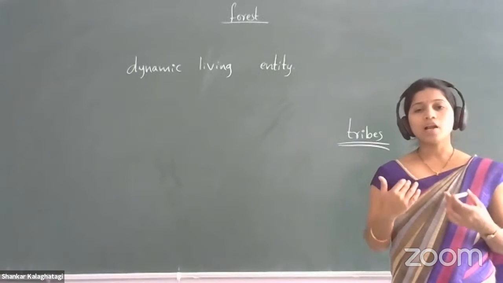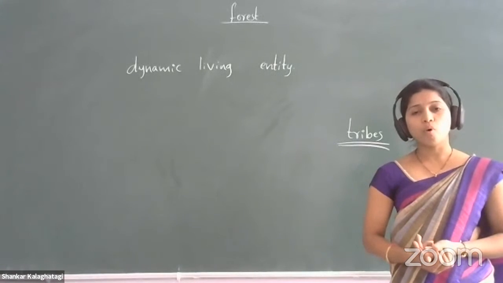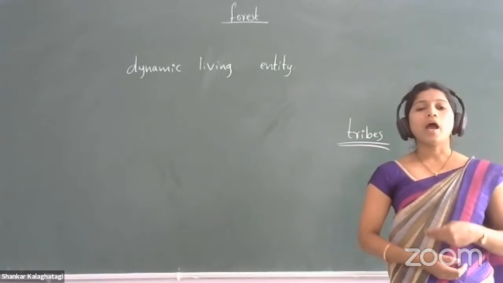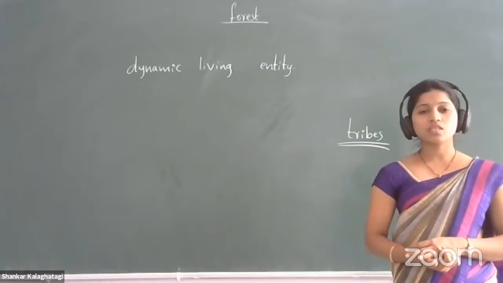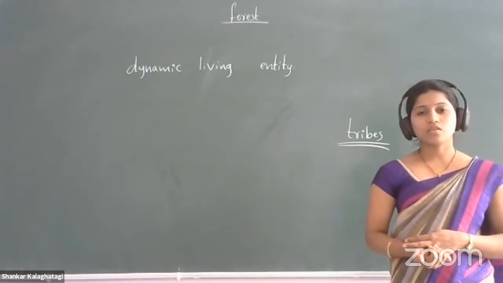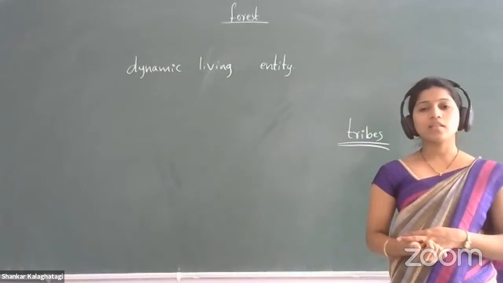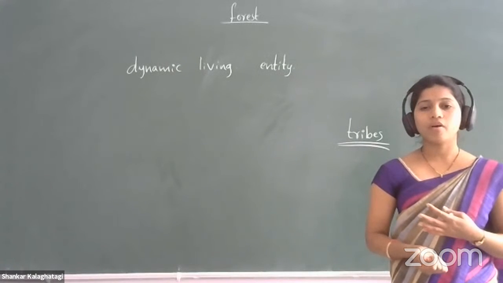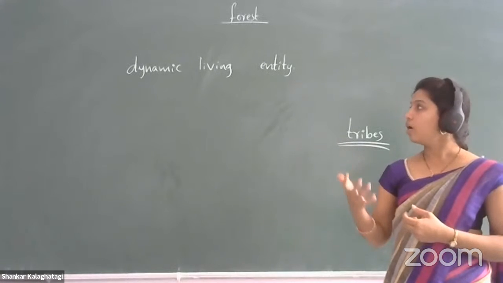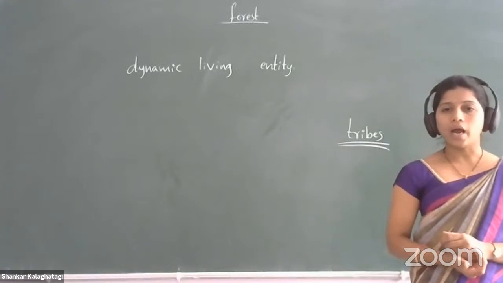So this wide variety of animals helps the forest to regenerate and grow. And also decomposers help in supplying nutrients. So in this way there is a full of life and vitality. So the forest is called a dynamic living entity.